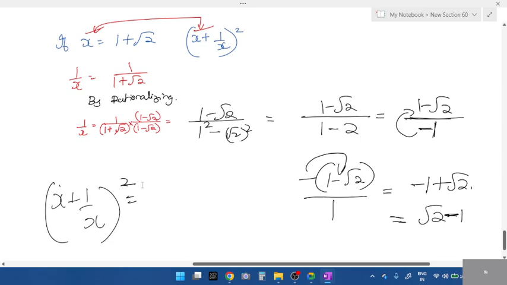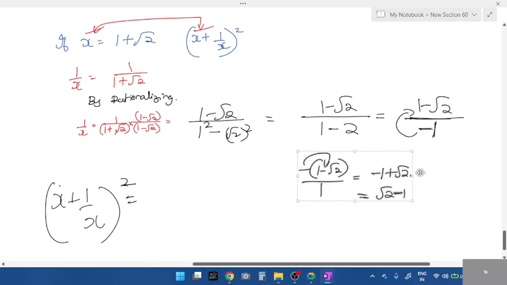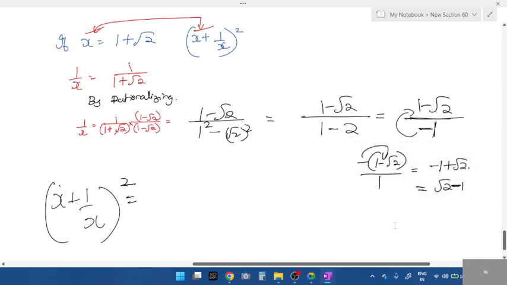Numerator value. Therefore 1 by x is equals to root 2 minus 1.